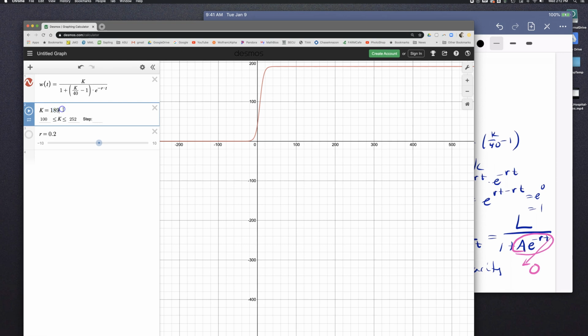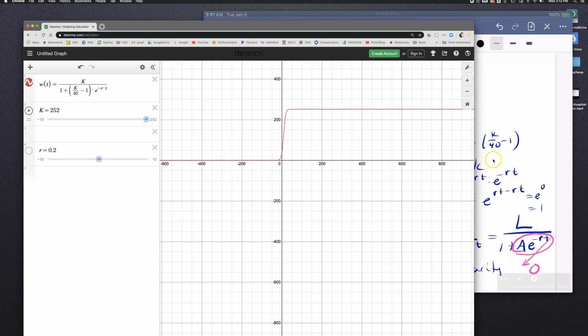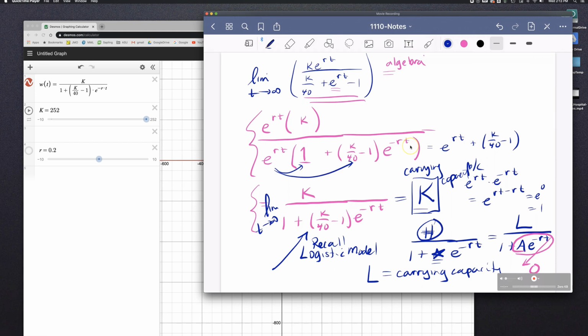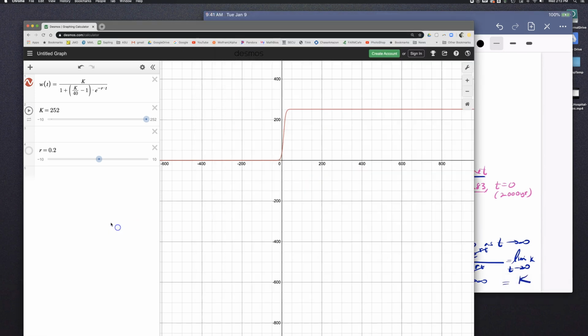So when k is 252, you can see the function leveling off around 250, and then I can't remember the value of r. I think our value of r given in this problem was 0.283.